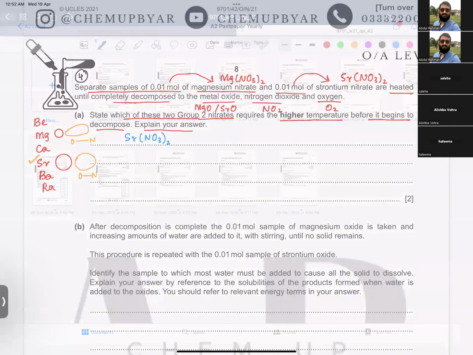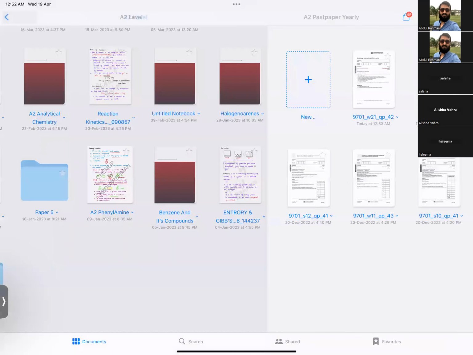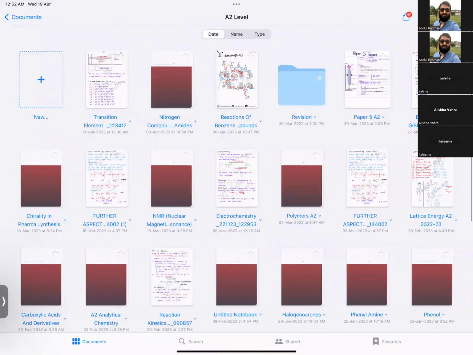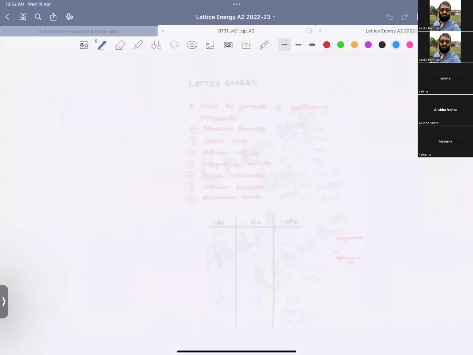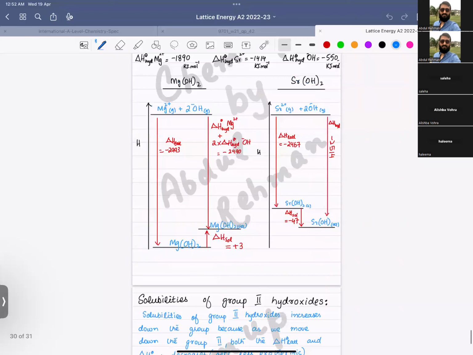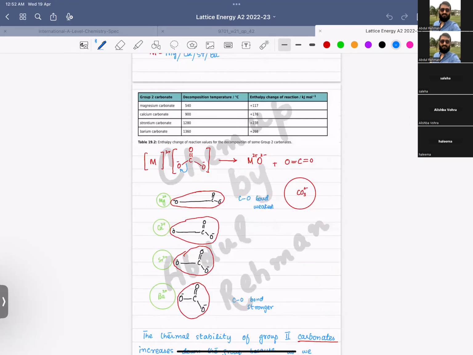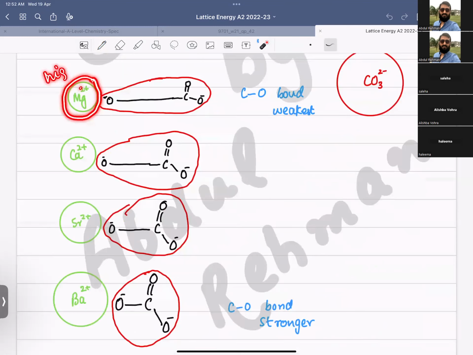If you have any problem in this explanation, see over here. Basically this happens. See, if you look at this ion, it has a very high charge density because of its size. Is this understandable? Yes, sir.